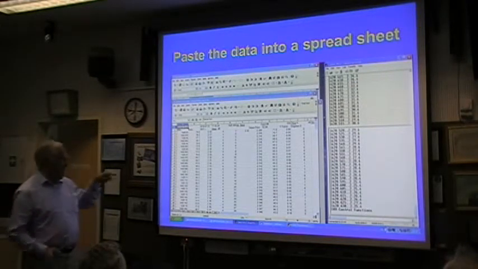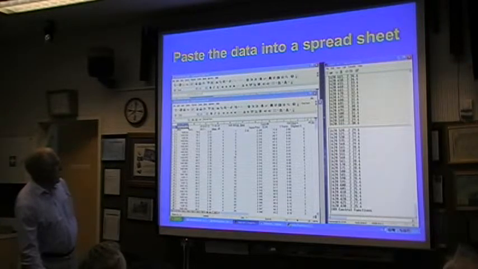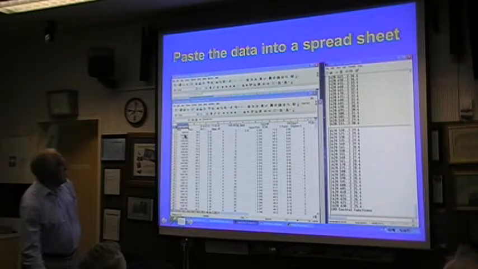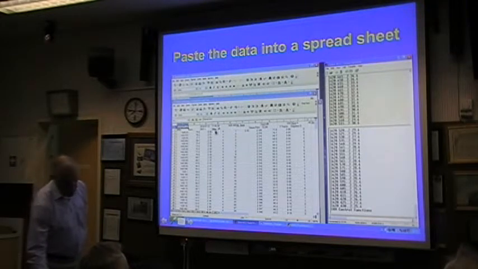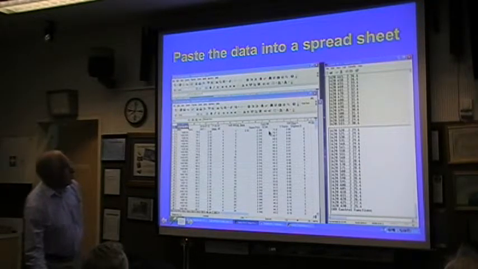It does the conversion of the frequency into velocity. That's the basic Doppler shifted velocity, and then a bit further over here it's corrected for the local standard of rest.